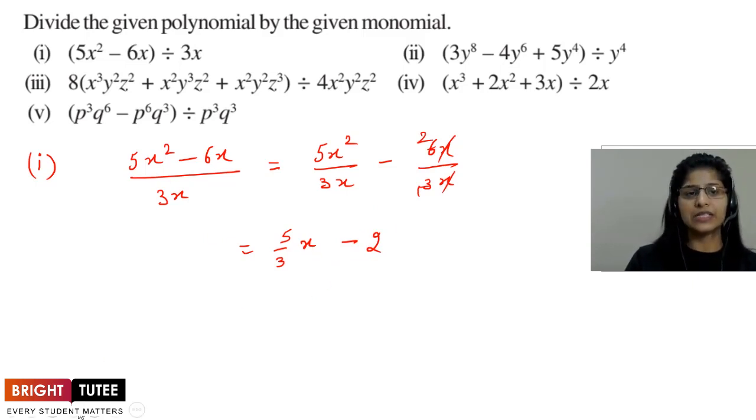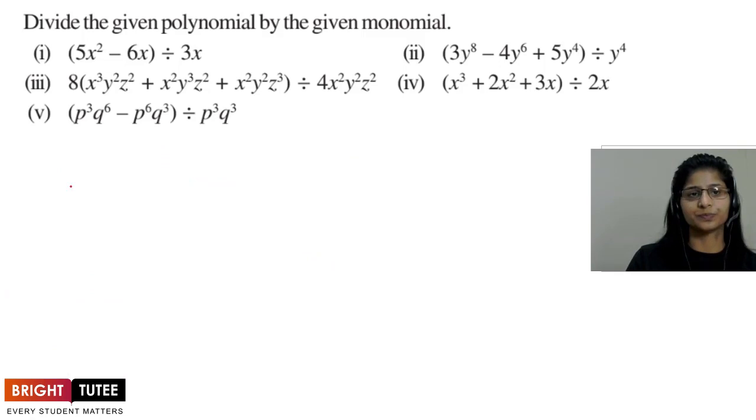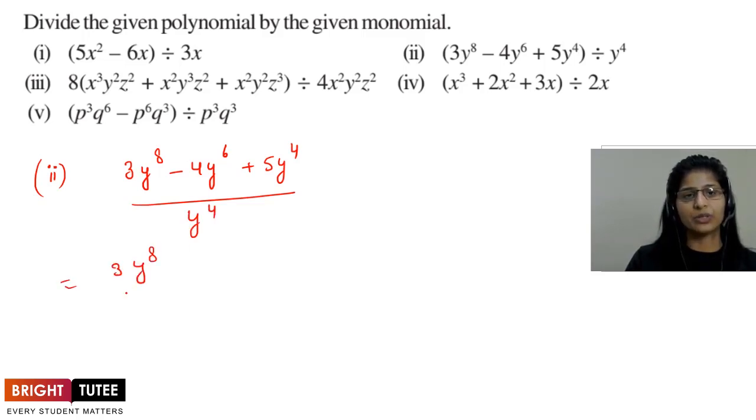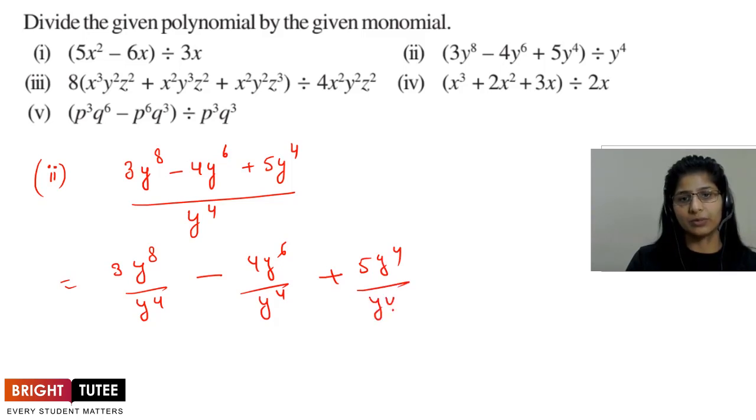Okay, let us try the second one now. In the second part, we have 3y to the power 8 minus 4y to the power 6 plus 5y to the power 4, and it is to be divided by y to the power 4. Let's separate them. 3y to the power 8 upon y to the power 4 minus 4y to the power 6 upon y to the power 4 plus 5y to the power 4 upon y to the power 4.